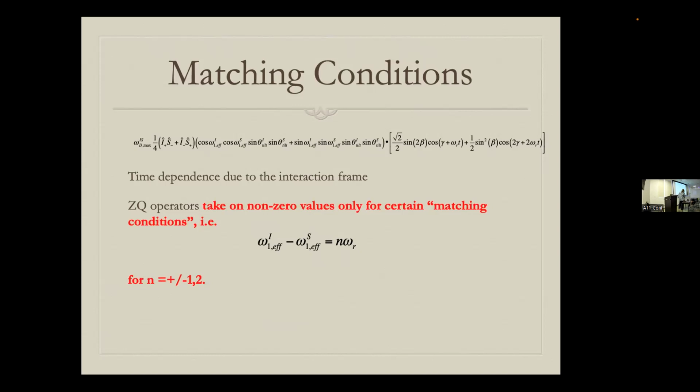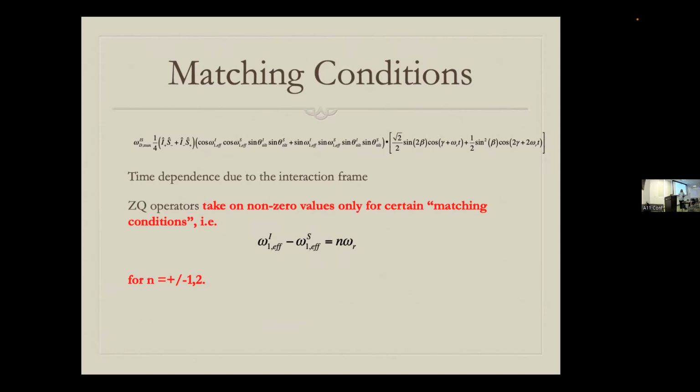Now, if you look at these time-dependent terms, cos omega 1 for I, cos omega 1 for S, and then for this term, the only other time dependence comes here, cos omega RT, cos 2 omega RT. It turns out that this will be non-zero for a modified Hartmann-Hahn matching condition.